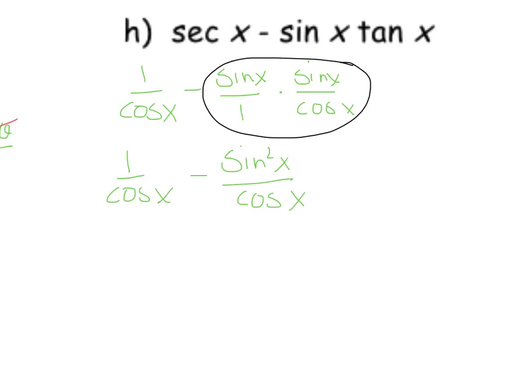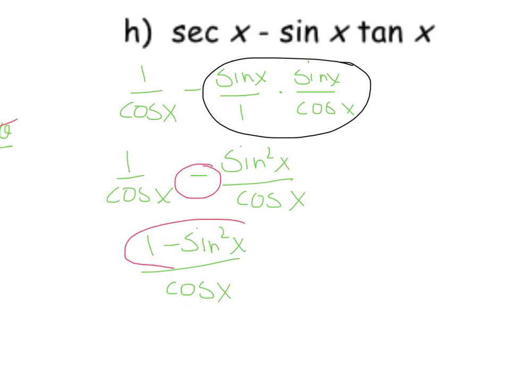Okay, do we have a common denominator? Yes. You say, why do we need that? Well, because we're adding and subtracting fractions. So anytime you're adding or subtracting fractions, you have to have a common denominator. So I'm going to combine my numerators. And I'm going to put that over the denominator, cosine of x. Okay, do your eyes recognize something?